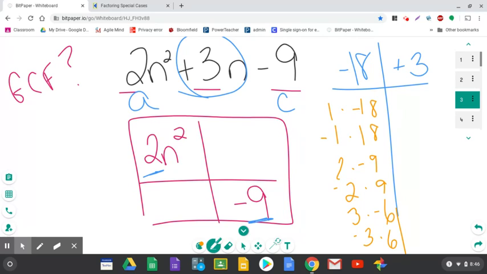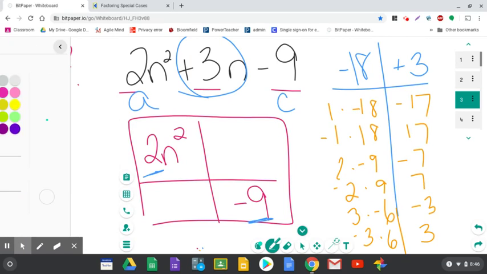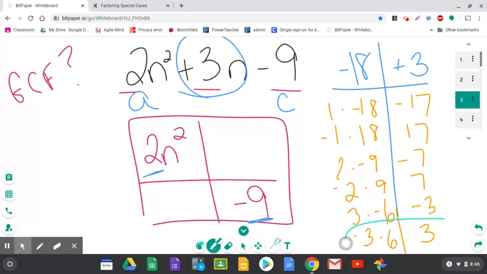Okay, well, again, if you go across and you use your calculator and you add them together, you get -17, +17, -7, +7, -3, and finally +3. So again, because my middle term was a +3, this is what I was looking for. These two numbers right here. I need a -3 and a +6. Don't forget to give them both n's.